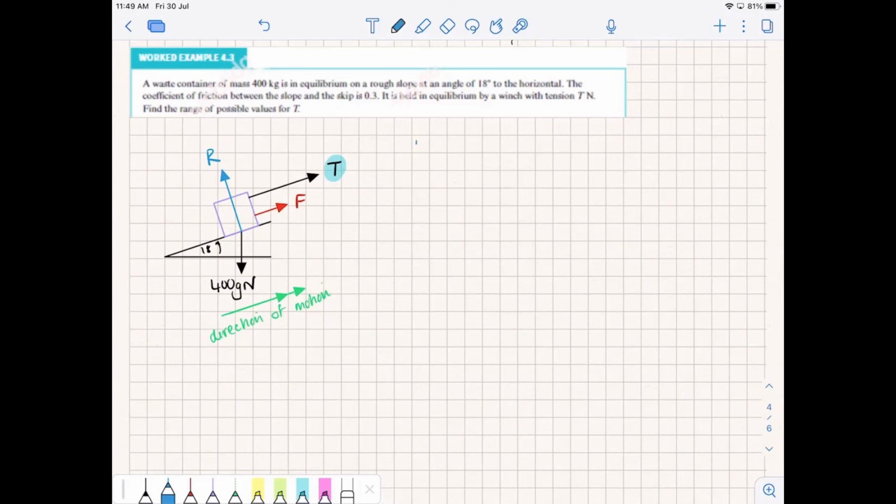So we need to find R. R is just going to be made up of the vertical component of that 400 kilograms. By now, you should have worked out that the vertical component is usually going to be the adjacent side, so cos of the angle of the hill. Start learning to spot patterns.